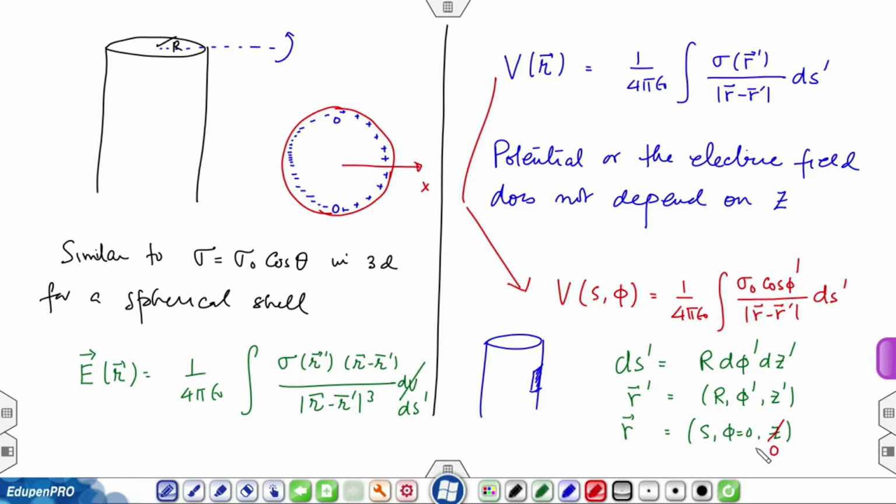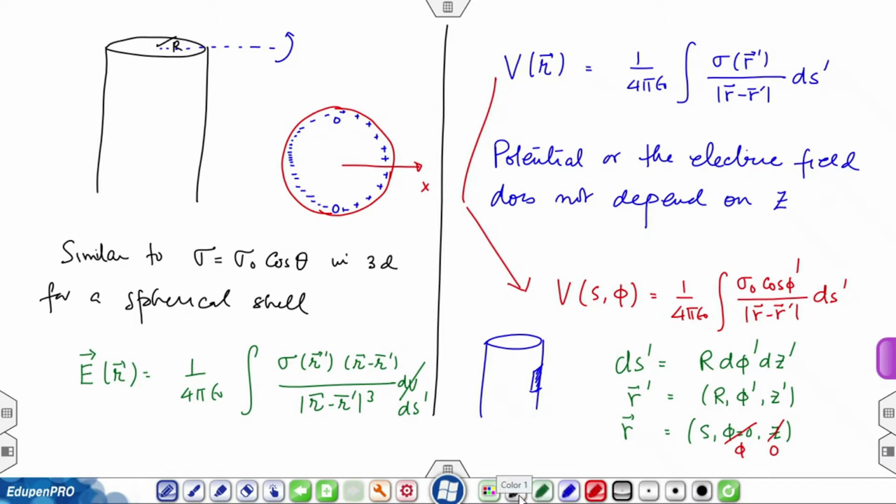It does not really matter. I am sorry, it should not be at phi equals 0, it should be at some phi. So, s, phi and 0, that is where I am calculating it. You can write this formula, do the z integration and all that, and you can calculate things.